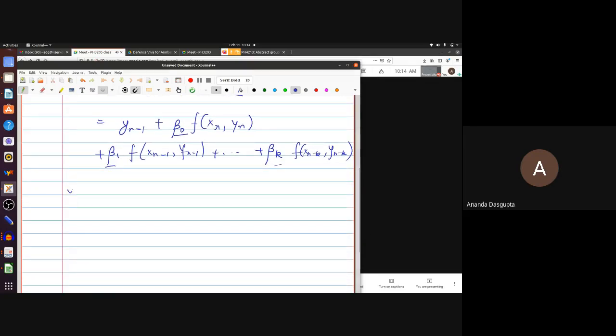The derivation essentially goes this way. This equation simply means y at xn minus y at xn minus 1 minus beta 0 f of xn yn, this thing should be 0, right?